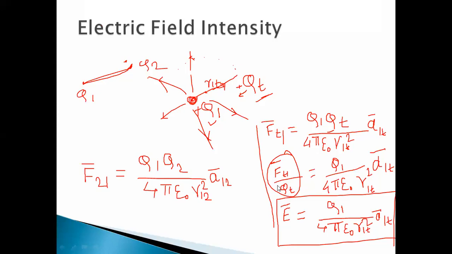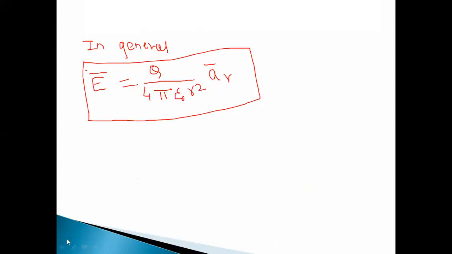Now force is measured in Newton and charge is measured in coulomb, so its unit is Newton per coulomb, or it is also measured in volts per meter, or V divided by M. So remember the units.